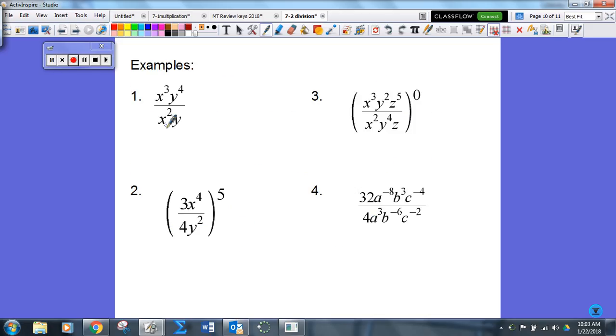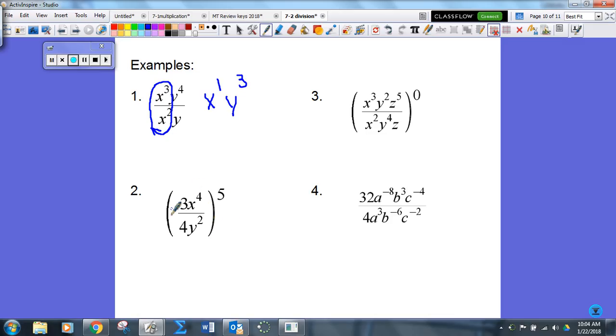So, here, try these, pause, and then come back. Hopefully you've done these. So here, these x's have the same base. So I keep the base and subtract. 3 minus 2 is 1. The y's have the same base, so I keep the base and subtract.